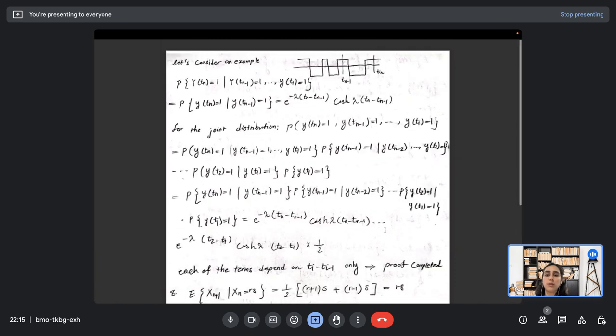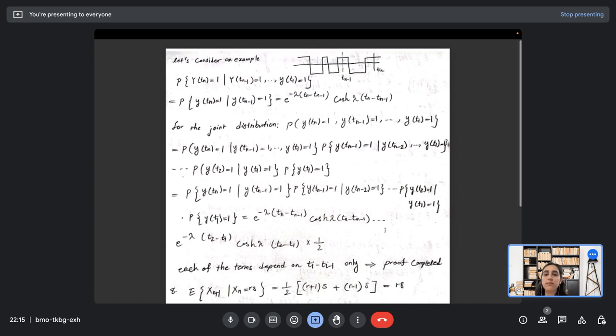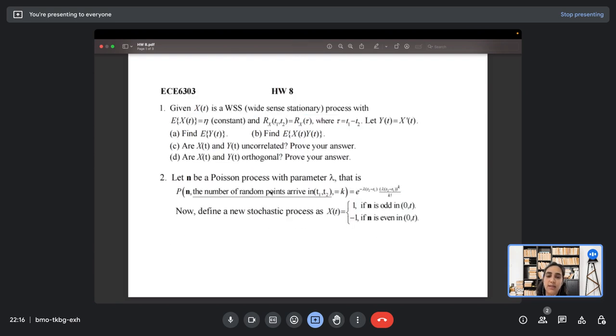To solve this problem, we need to use an example, so let's first define it. As we had in the previous homework, if we have a process with lambda parameter, we can define some x of t which is equal to 1 if n is odd and equals -1 if n is even.